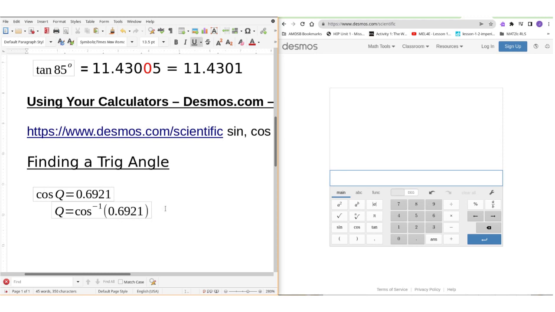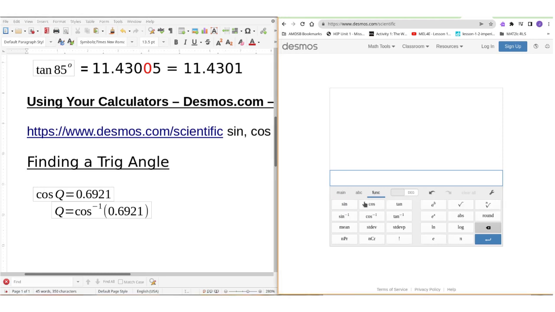So in order to do that on your calculator, all you're going to do is do this. Ready? All right. So now all we're going to do is go to function, and then we're going to see our function in Desmos, like we looked at before.